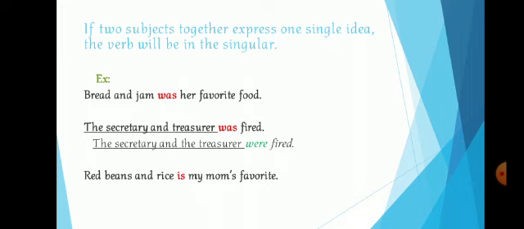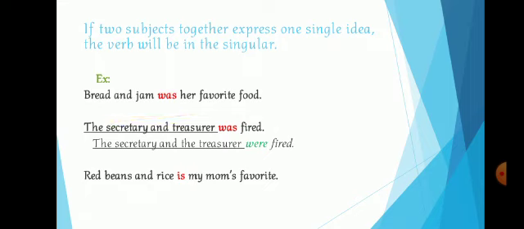He is the secretary and he is the treasurer, right? So that means they talk about one person only, one single idea. Those two subjects in that second sentence, the secretary and treasurer, are talking about one idea, one person. So the verb will be singular.